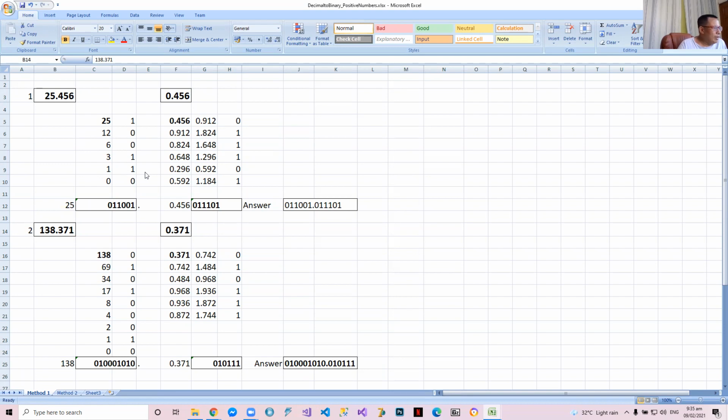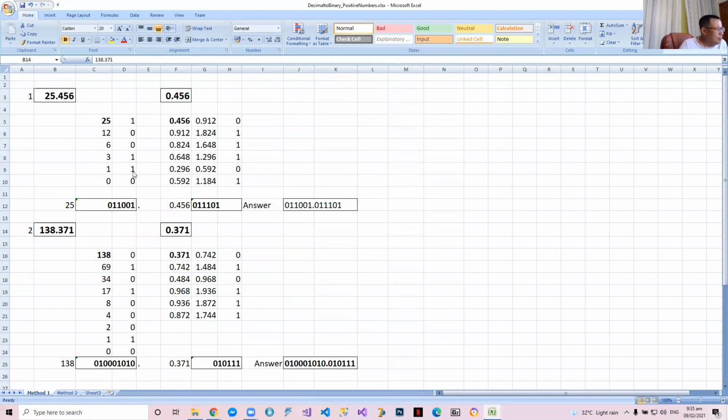Okay. Then 1 divided by 2 is 0, remainder 1. And then we stop there. Do you follow? And we move it upwards.